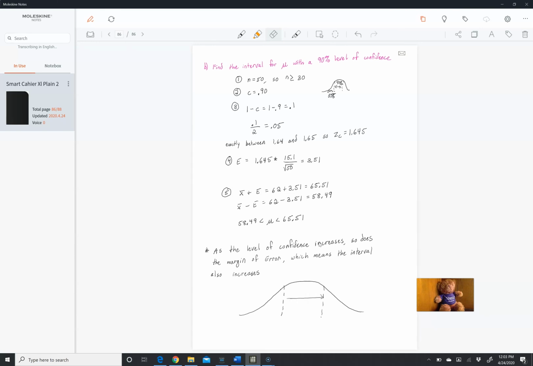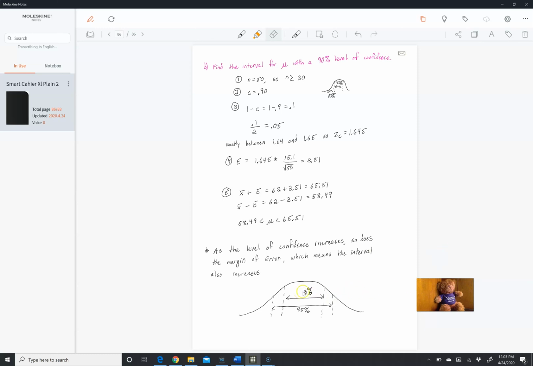Right? If this is 90%, how do we make the 90% bigger? We have to increase this. This would be 95%. So it makes perfect sense.